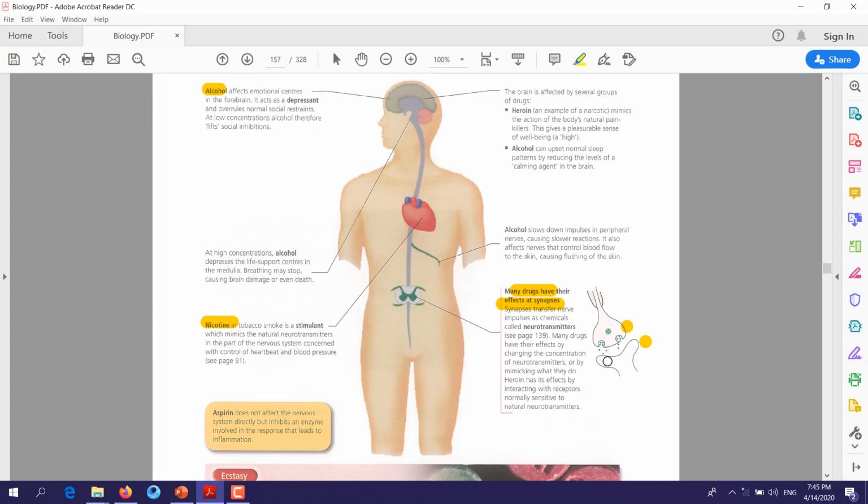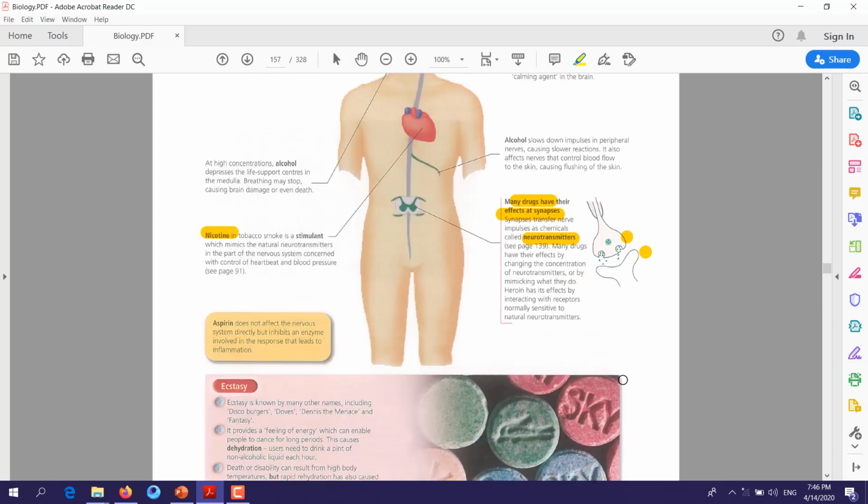They connect by releasing some chemicals, which we call neurotransmitters. Some drugs affect the concentration of these neurotransmitters, and when the concentration changes, of course the effect changes. So this is how drugs affect the central and peripheral nervous system.